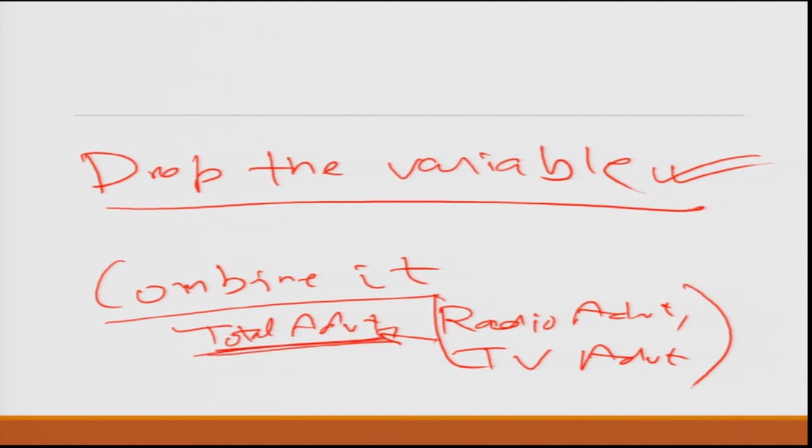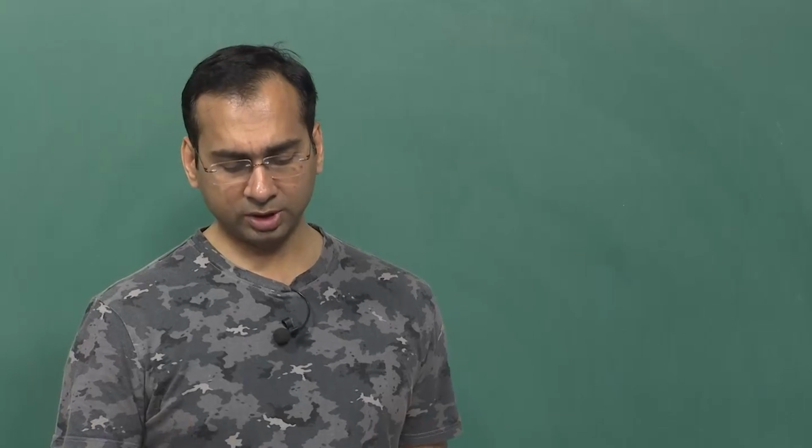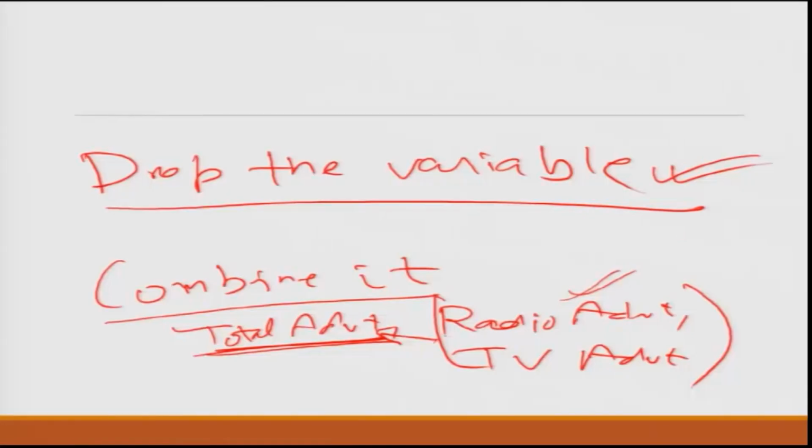So you can choose to go with this one and remove these, or you can do total advertisement minus TV advertisement, which may give a radio advertisement, assuming that radio advertisement itself may be responsible for a lot of the sales that you get. In that case this may be another variable. So either you combine it or you drop it. These are two of the most common methods which are used.